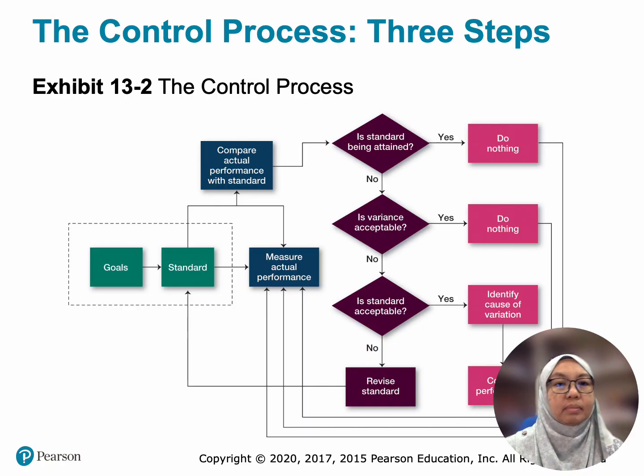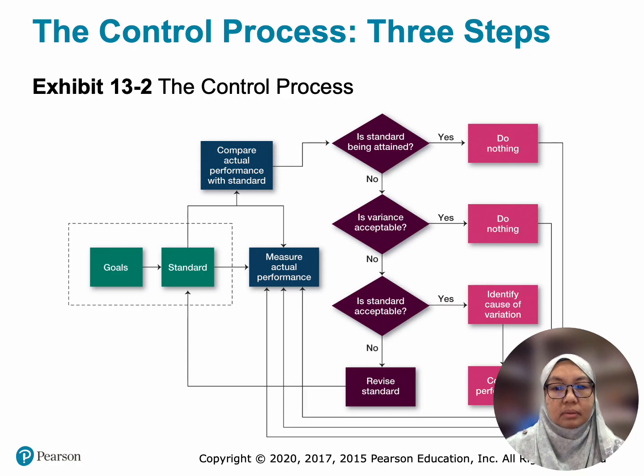The second step is to compare actual performance with the standard. The third is taking managerial action to correct deviations or to address inadequate standards. What does deviation mean? Deviation means the things that happen are not the way that has been planned earlier.